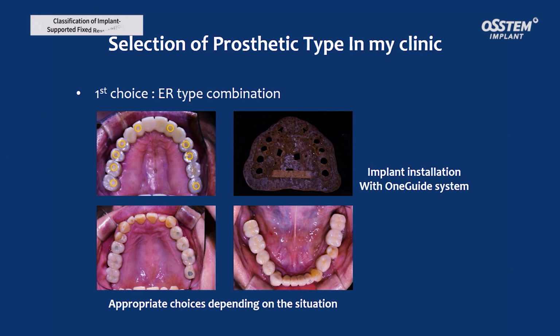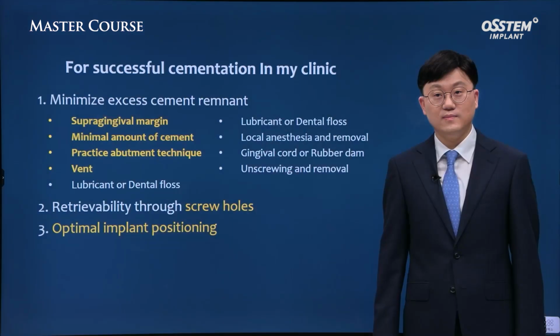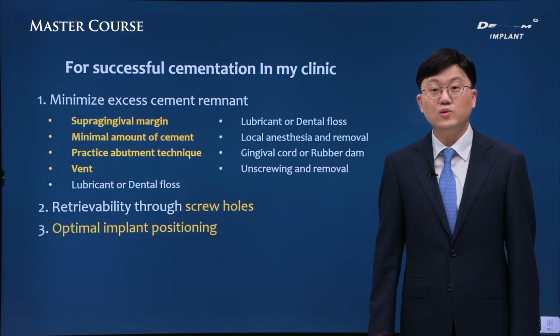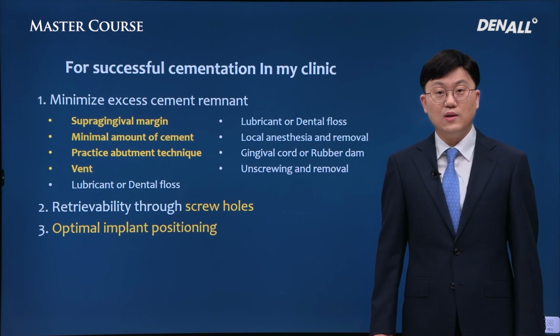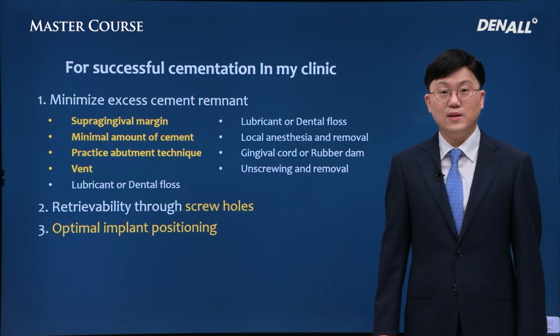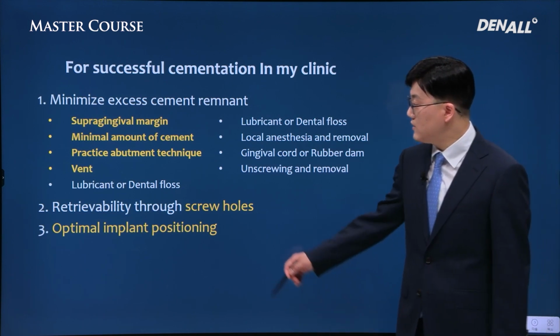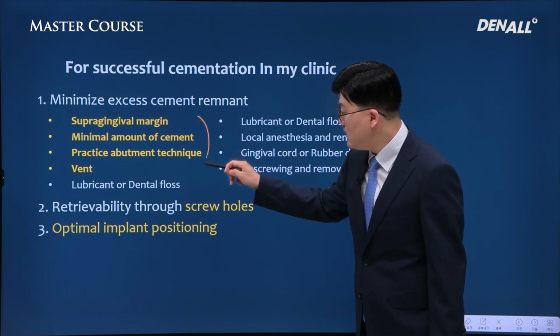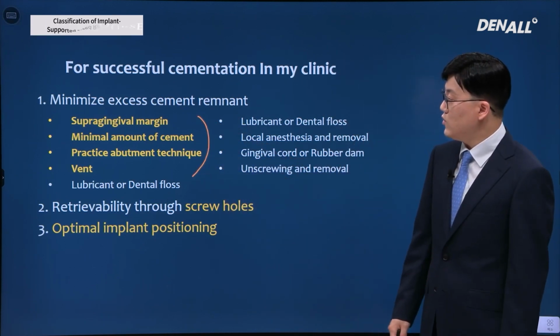In order to make a good ER-type prosthesis, I've mentioned that it is important to avoid applying excessive cement. I've talked about different ways, but I primarily use these 4 options. If possible, I make supragingival prosthesis and I try to make minimum amount of cement.